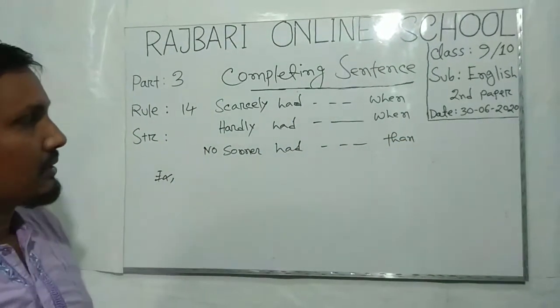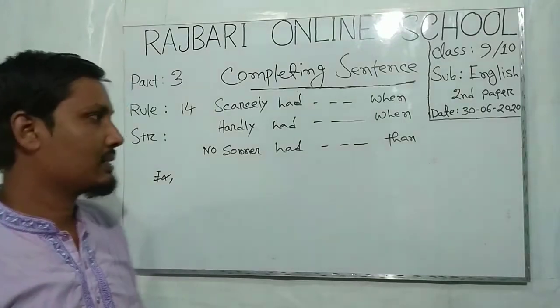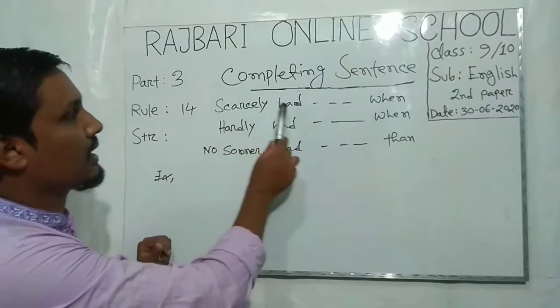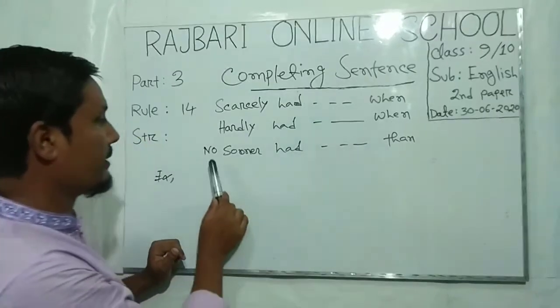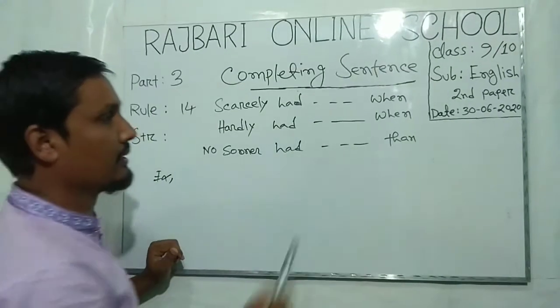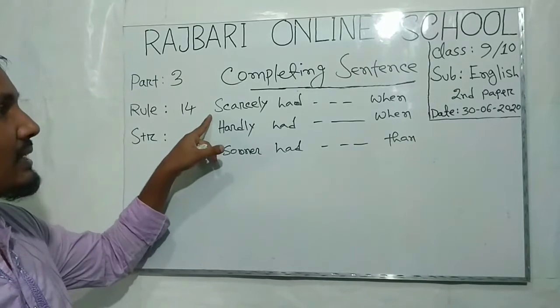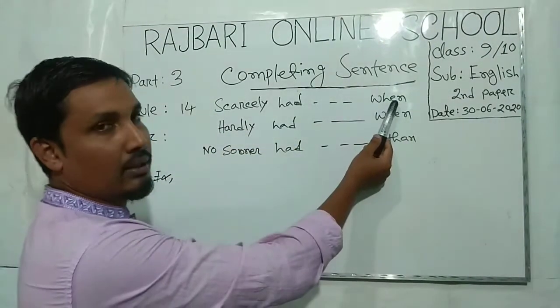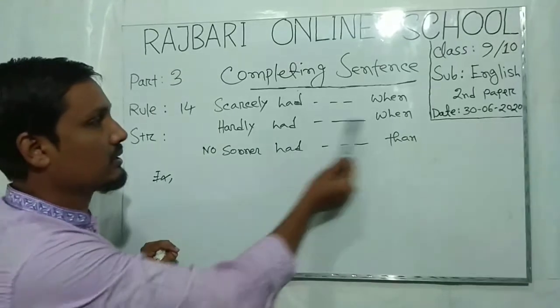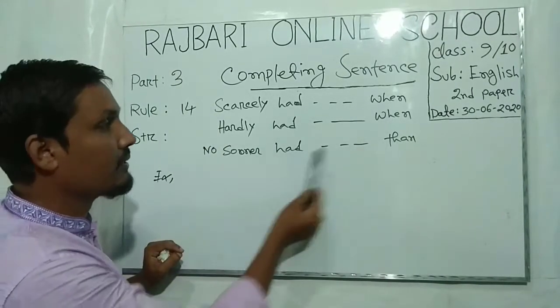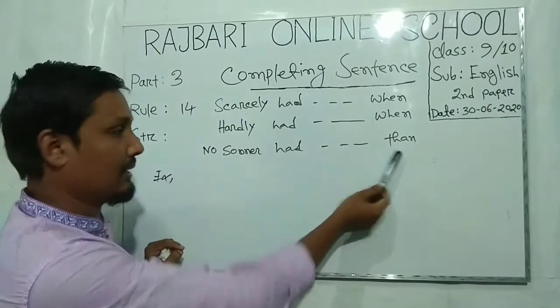Have you seen three types of sentence here? That is scarcely had, dot, when; hardly had, dot, when; and no sooner had, dot, than. When you see scarcely had, you have to use when in the middle of the sentence. Hardly had, when; no sooner had, here you have to use than.